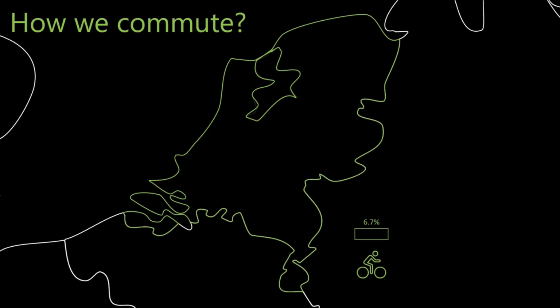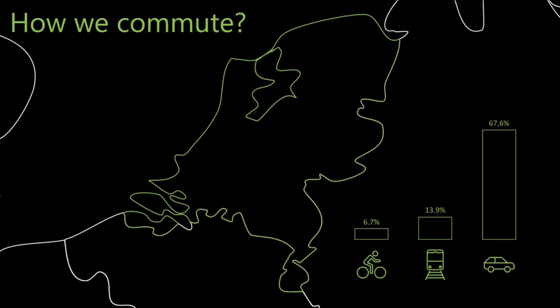So that's quite low, which was a bit stunning for me. And you would think that we have a pretty good train connection, so you might think that's a good alternative, but that's also pretty low still. And even in the Netherlands, where everything is so close by and in close proximity, the car is still the predominant way of travel.